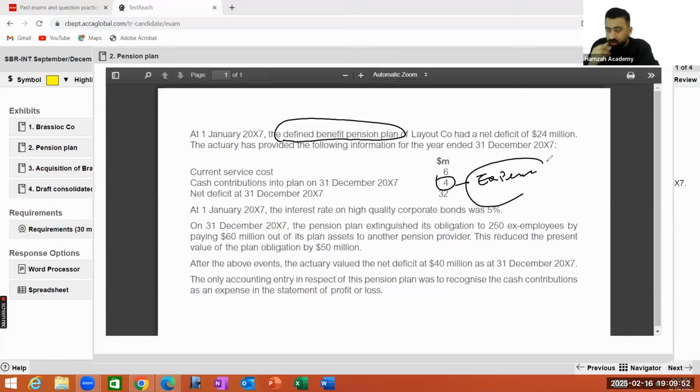And the net interest which we record as per IAS 19 should be recorded using the high quality corporate bond rate, which is 5%.